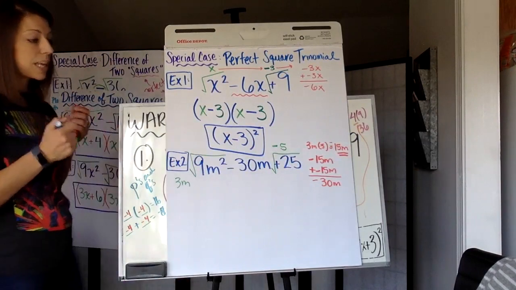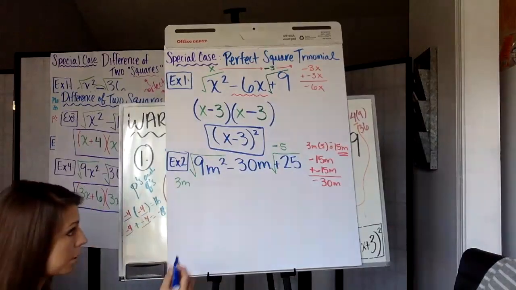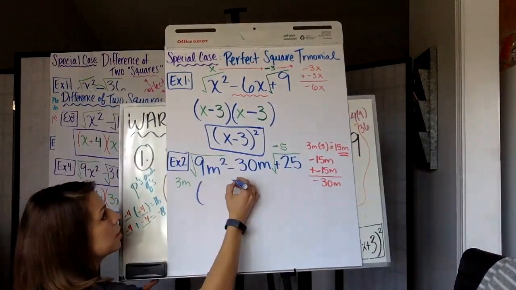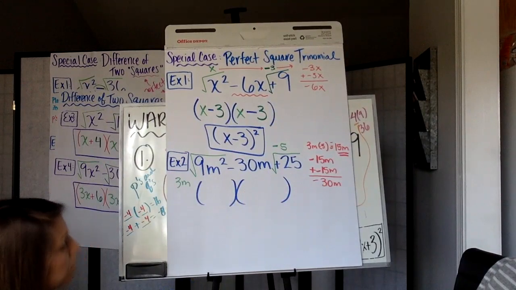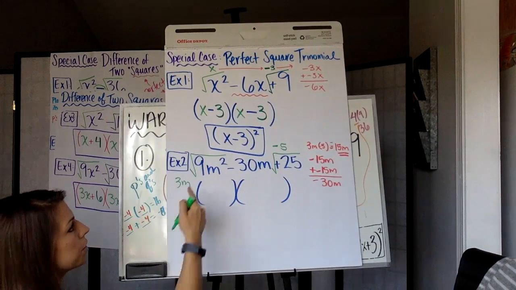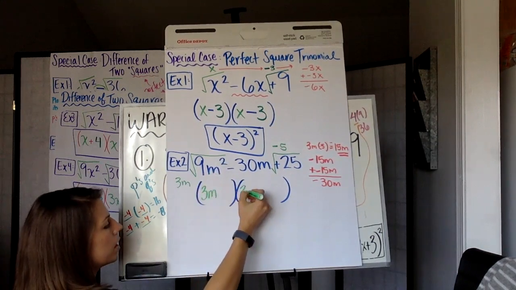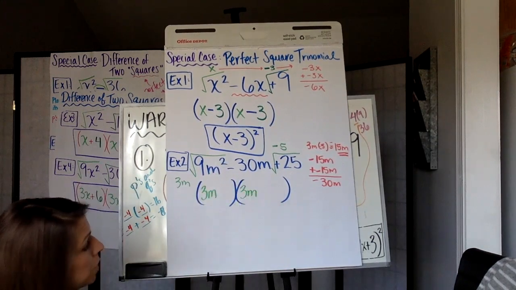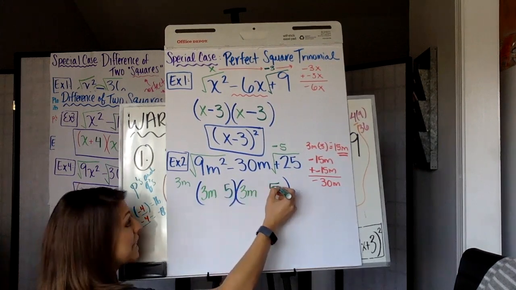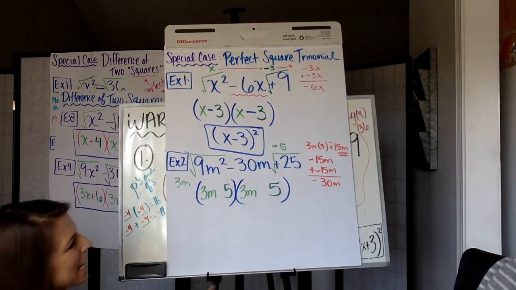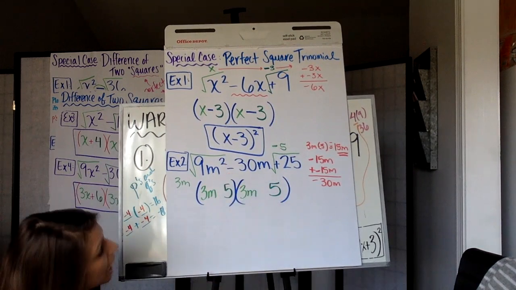So instead of doing supergrouping and double cross and all of that stuff, we get to jump straight to the answer. Product of 2 binomials. First term is the square root of the first term. The square root of 9m squared was 3m. The square root of 25 is 5. But how did we end up getting a negative 30m here instead of a positive 30m?